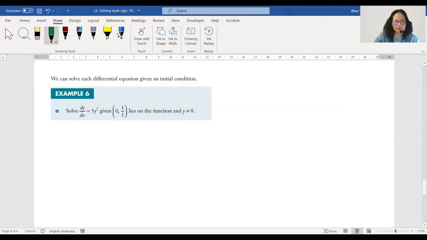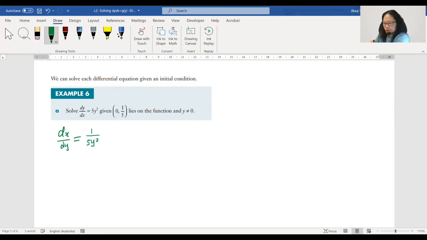Okay, the next one. This one's a bit more exciting because it actually has points there to play around with. So we won't have the constant as a c, we'll have a value in this case. Let's have a look. I'm going to go straight into dx/dy because it's in the y term already.